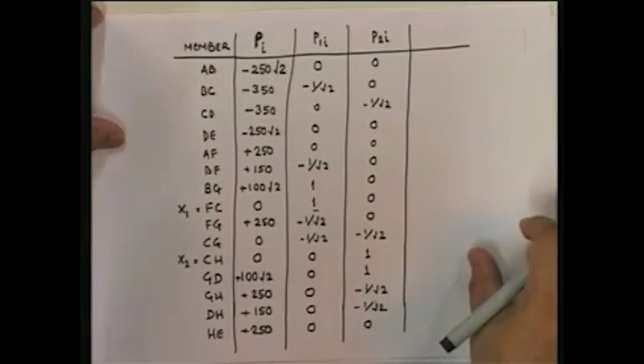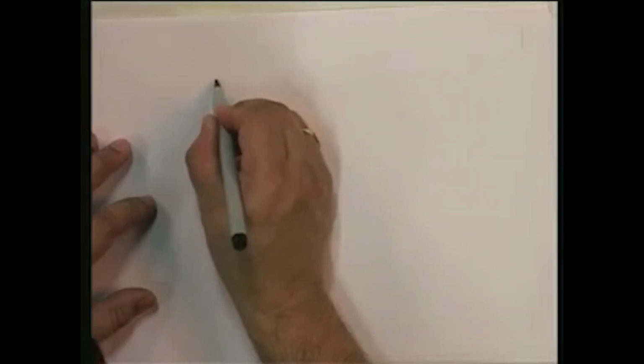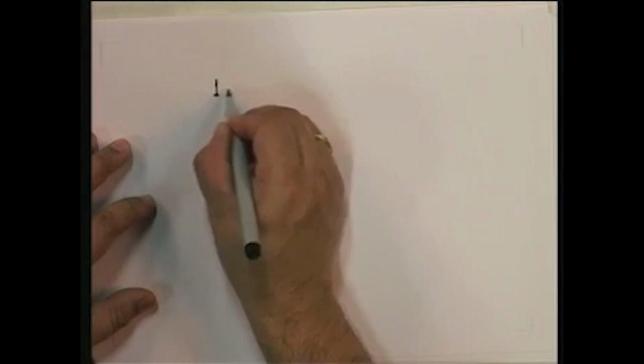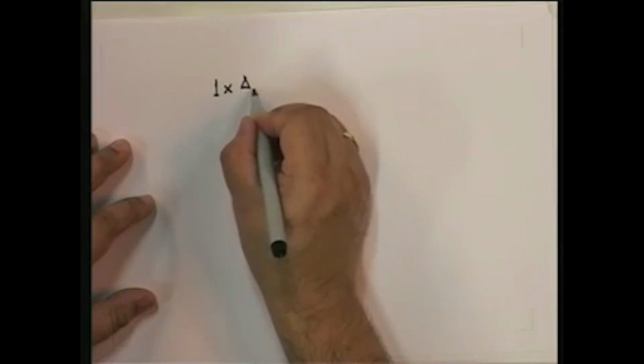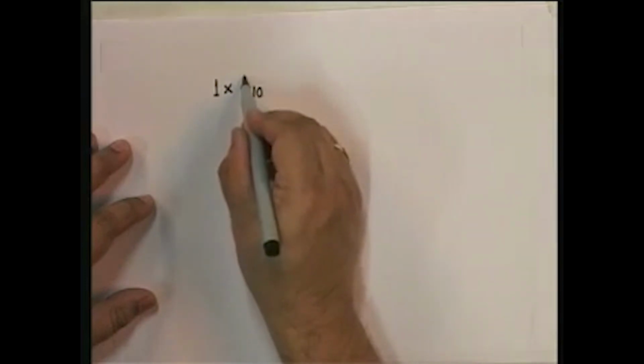So therefore, I am going to put it down on paper that virtual displacement gives me, in the first case, 1 into delta 1,0. What is this delta 1,0?